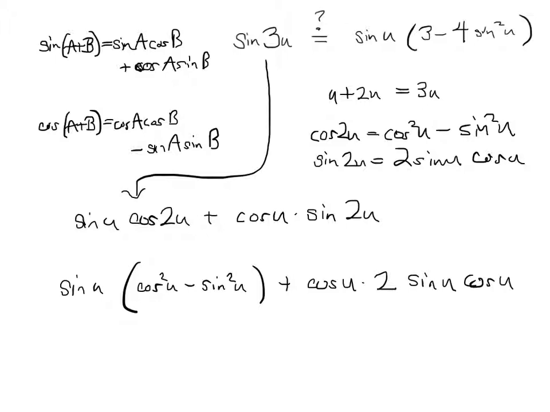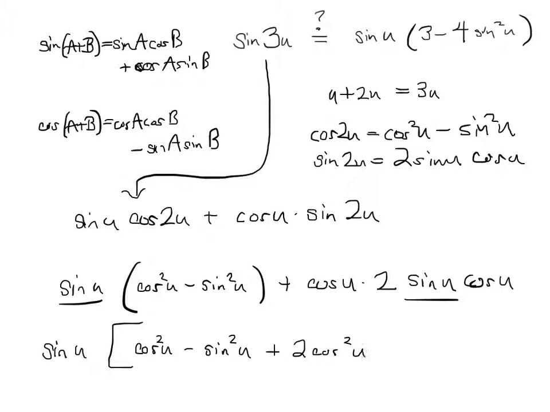All right, we can factor the sine u out, which means we're done with that, right? Yeah. So we have sine u on the outside, and whatever's on the inside better work out to be exactly the same as 3 minus 4 sine squared u.